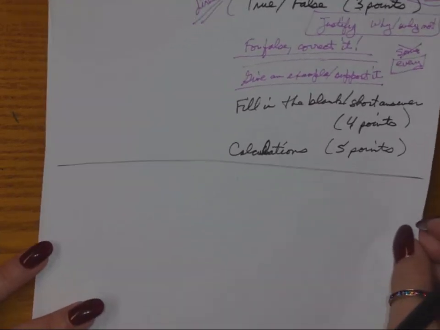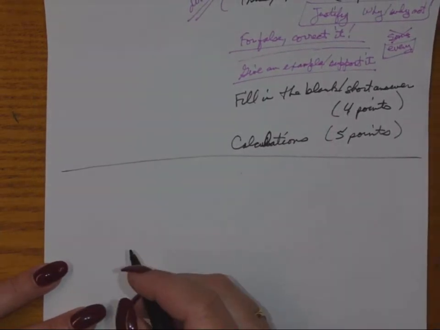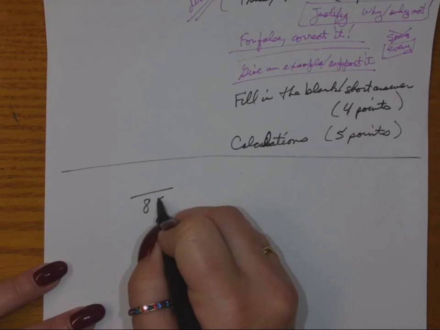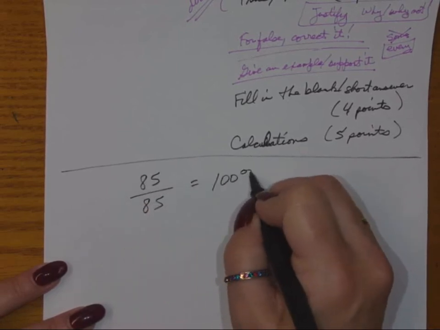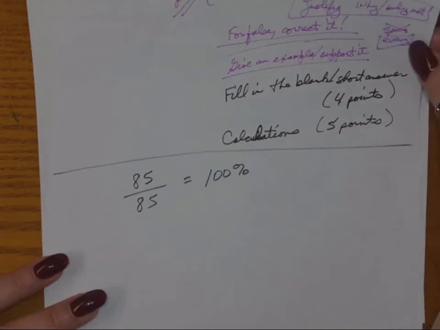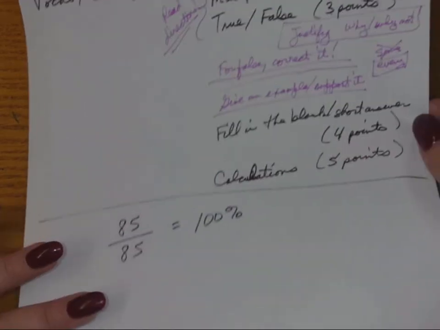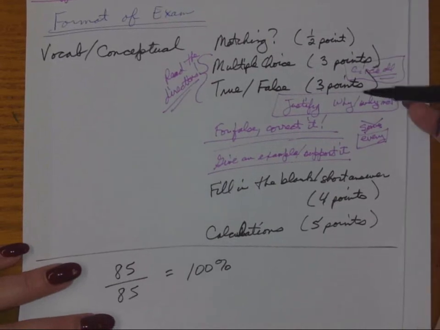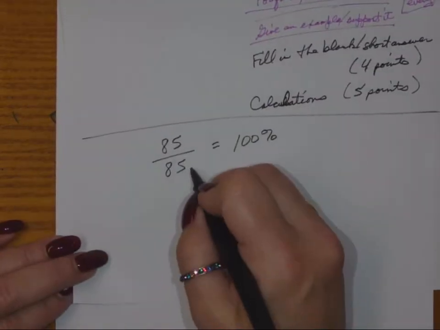So there you go. How does Dr. Webster grade? She grades on a percentage grade. So if there are 85 possible points, and you get 85 points on your test, then you get 100%. Whenever I add all of this up, if there were 5 of these and 2 of those, I'll add up how many points there are. That tells me the possible.